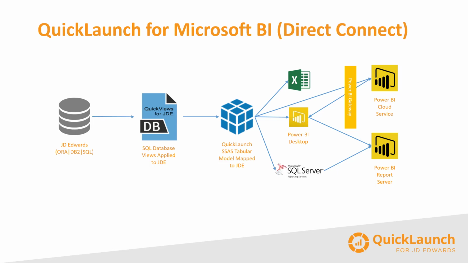So again, at a little more deeper dive, what does this look like in a direct connect? So if you're running JD Edwards on an Oracle, DB2, or SQL Server backend, well, again, we put our views right on top of that, and we load the cube, our data model, from that. And that data model can be refreshed on whatever interval you choose. Most commonly customers say, well, we just need it daily. That's fine.